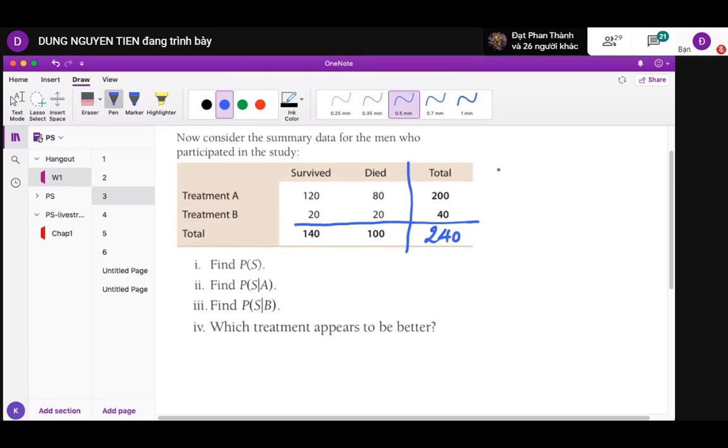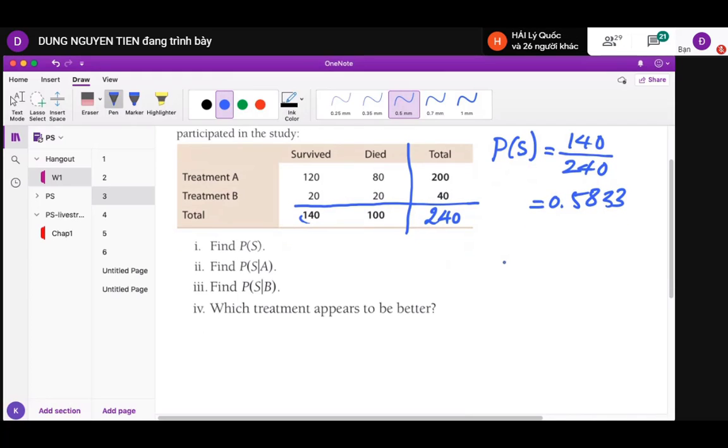And the probability of S is 140 divided by 240, which is 0.5833. Okay, that is the first one.